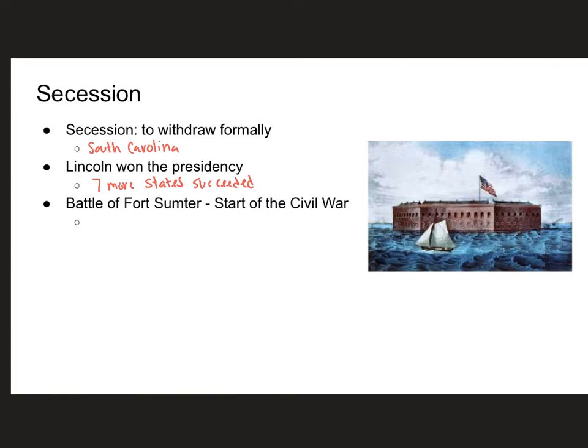And so the Battle of Fort Sumter was the start of the Civil War. The Battle of Fort Sumter was actually in South Carolina. So here it is right here, just outside of Charleston. Essentially what had happened was Fort Sumter needed supplies, and so Lincoln sent those supplies. It was a northern controlled fort in Southern territory.